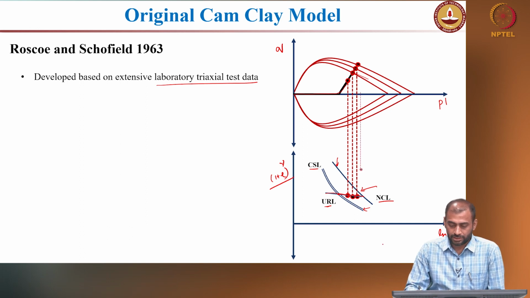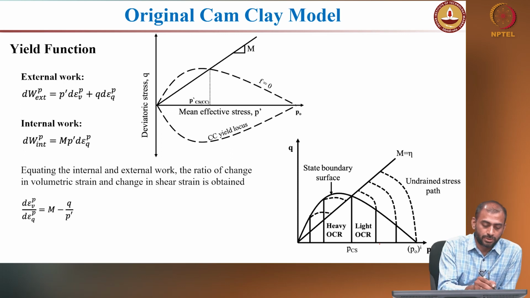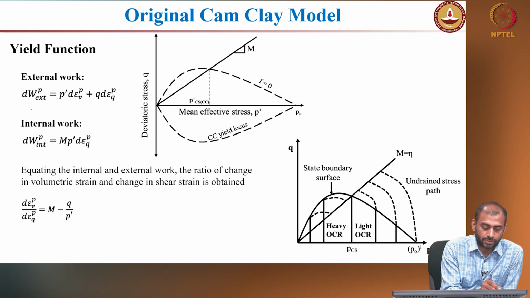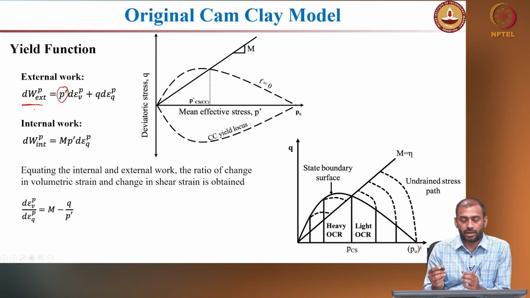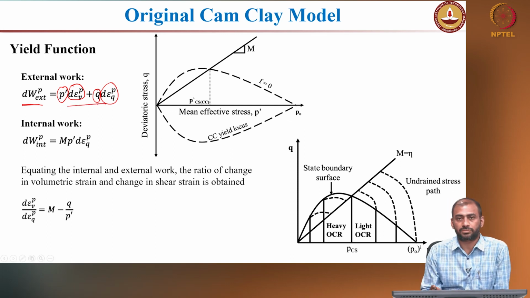Based on these results, they proposed the yield function. As I said, this is based on energy principles. What they did is they tried to write the external work. The external work is nothing but the mean effective stress you are applying and the corresponding plastic volumetric strain increment, plus the deviatoric stress you are applying and the corresponding deviatoric strain increment. If you sum it up, you get the external work done. This is what you are applying onto the specimen.